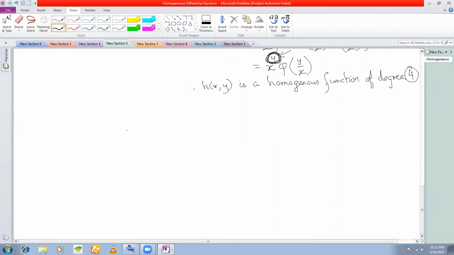Now, once you know the definition of a homogeneous function, we come to the definition of homogeneous differential equations. Now, what is a homogeneous differential equation?